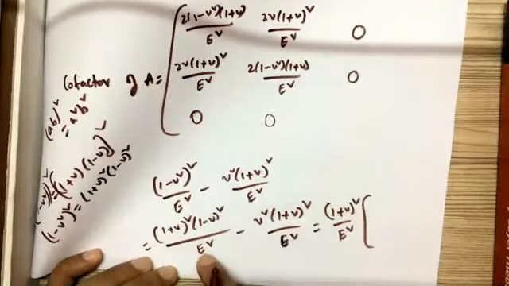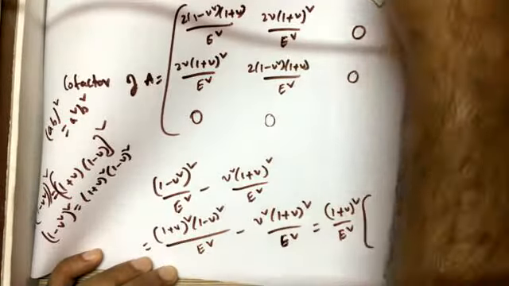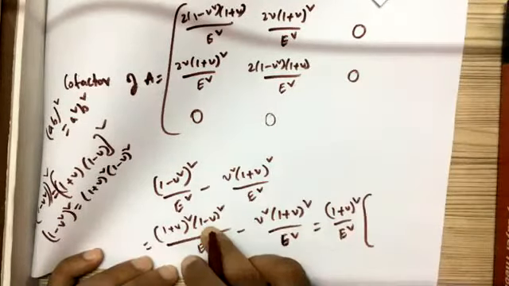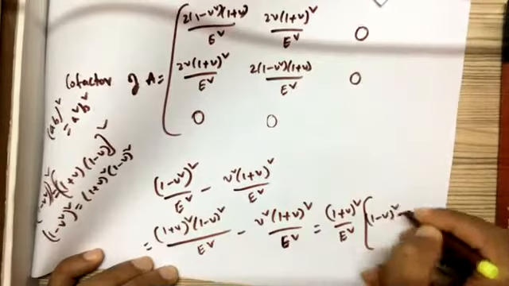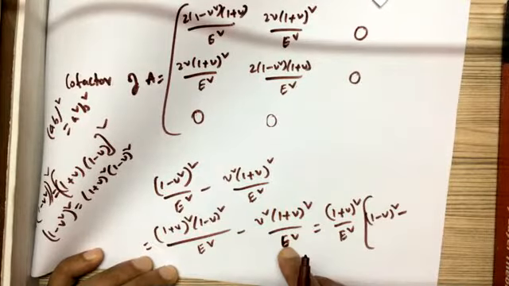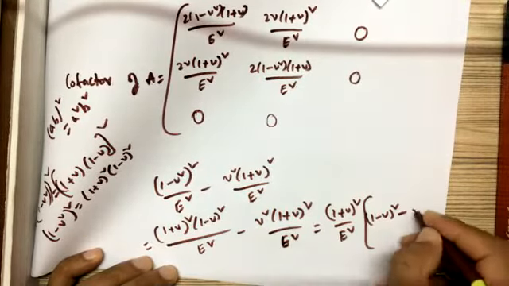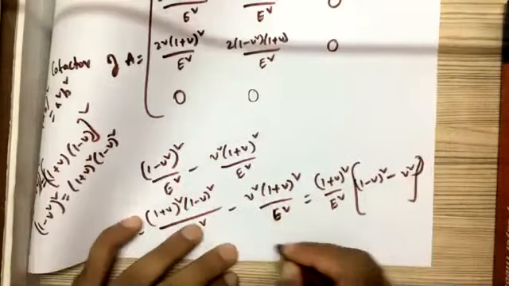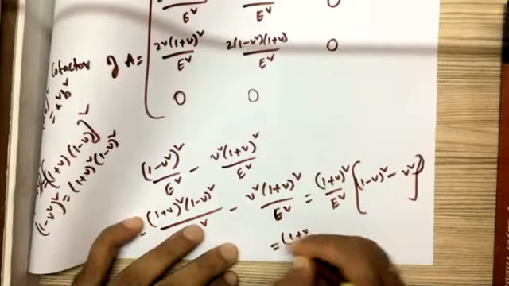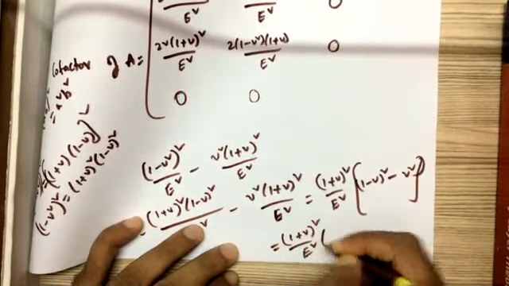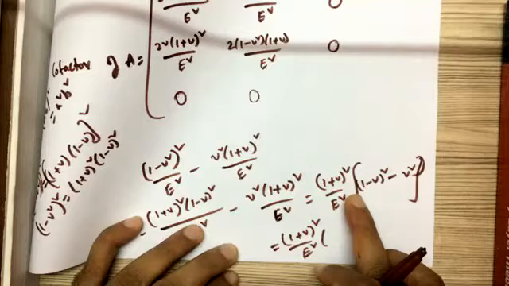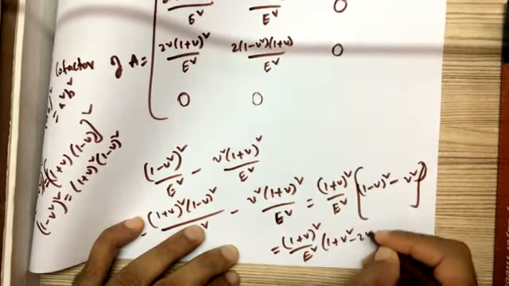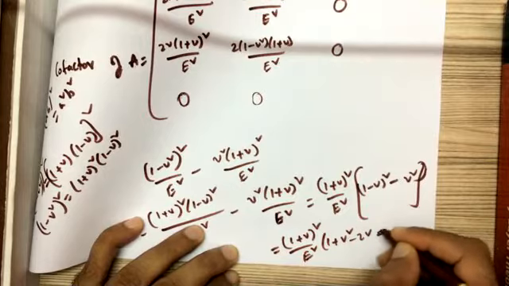So if I take 1 plus nu whole square by E square common, then what I'll get? From the first term, 1 minus nu whole square, minus, from here, 1 plus nu whole square by E square is common, so remaining is minus nu square. So I can write this as 1 plus nu whole square by E square into, what is 1 minus nu whole square? 1 square plus nu square minus 2 nu, minus nu square.